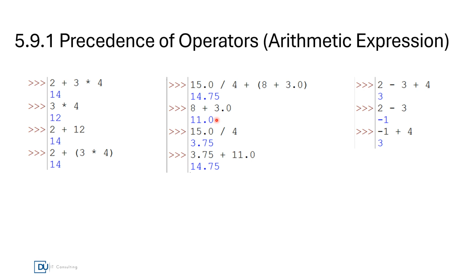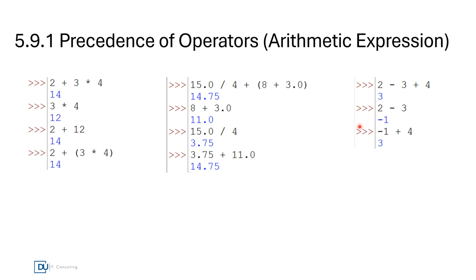Note there is a change in the data type: 8 is an integer and 3.0 is a float, so the result is a float. Now 15.0 divided by 4 is calculated next because slash takes a higher precedence, so the answer is 3.75. Then 3.75 and 11.0 are added together to get 14.75.